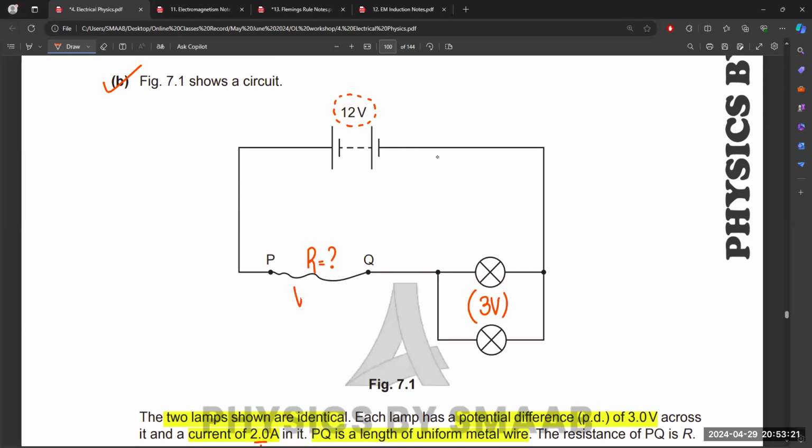The voltage of this wire is 12 minus 3, because both lamps are connected in parallel and in parallel combination we have the same voltage. So the voltage across points P and Q is equal to 9 volts.